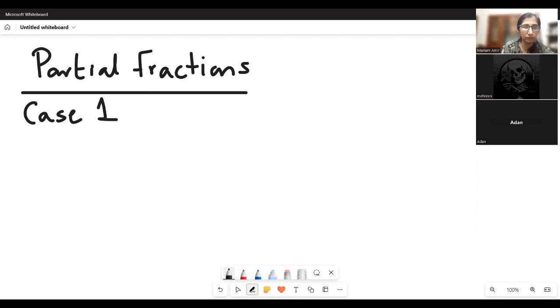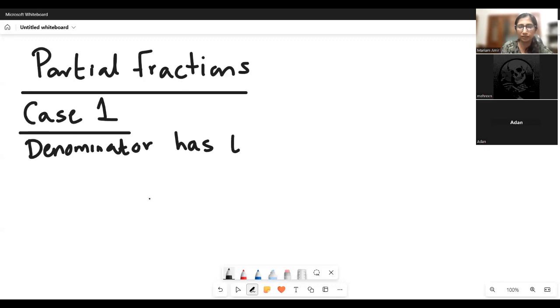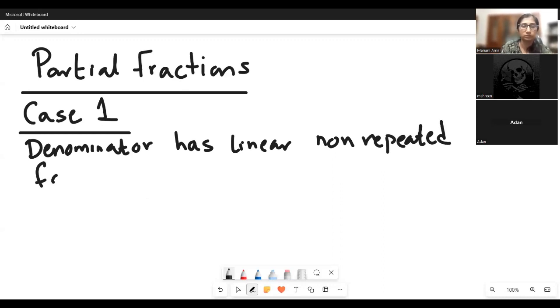Case one is when the denominator has linear, non-repeated factors.